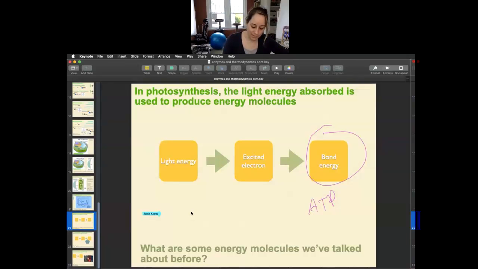And what we mean by that is that our ATP molecule is going to have some high energy bonds. And so in particular, we've talked about this bond before, and then this bond also a little bit, but not as much as this one here.